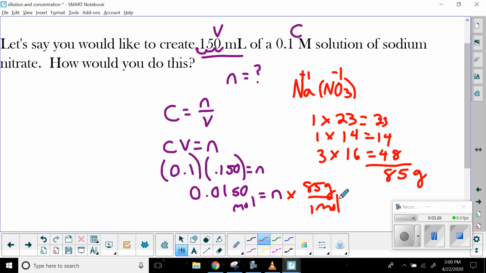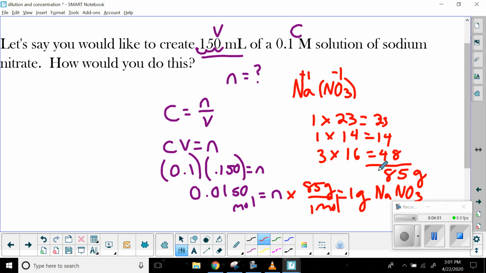So I can multiply this by 85 grams in 1 mole. And I'm going to reach over and grab my calculator and say 0.0150 times 85. I need to dole out from my container 1.275, and actually since I've got 1 sig fig here, I'm going to need to dole out 1 gram of sodium nitrate.